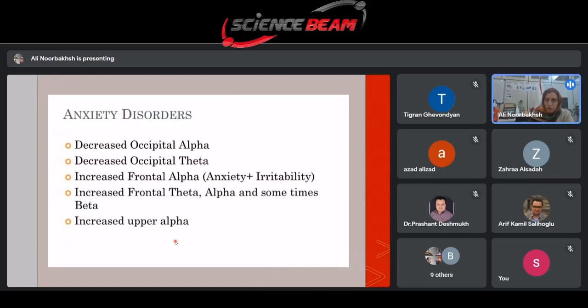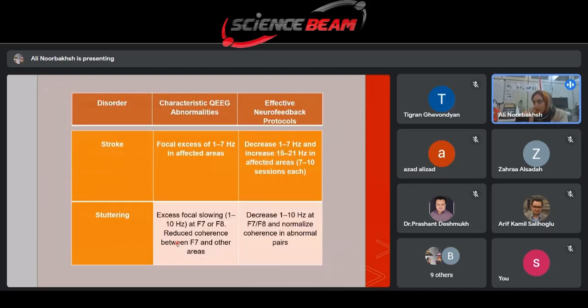In anxiety disorder, again, decrease occipital alpha, decrease occipital theta, increase frontal alpha, increase frontal theta, alpha, and sometimes beta, increase upper alpha. And again, in some disorders, you can see focal excess of 1 to 7 hertz.